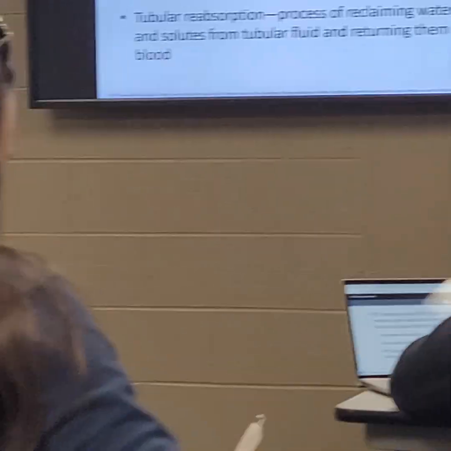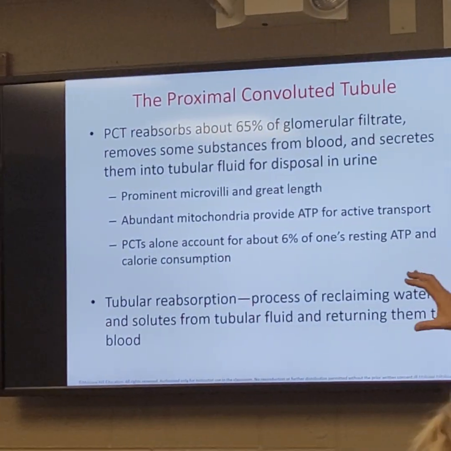So collectively, the activity of the cells of the proximal convoluted tubule is called tubular reabsorption. Tubular because this is the tube where the waste and the fluid, the water, and a number of other solids exist, but we want some of it back. So we are reabsorbing it back into the blood vessel.